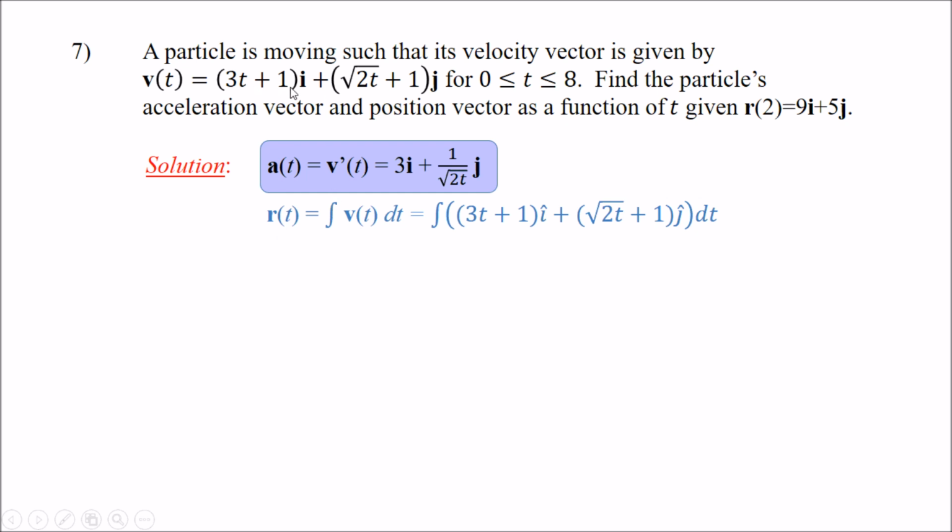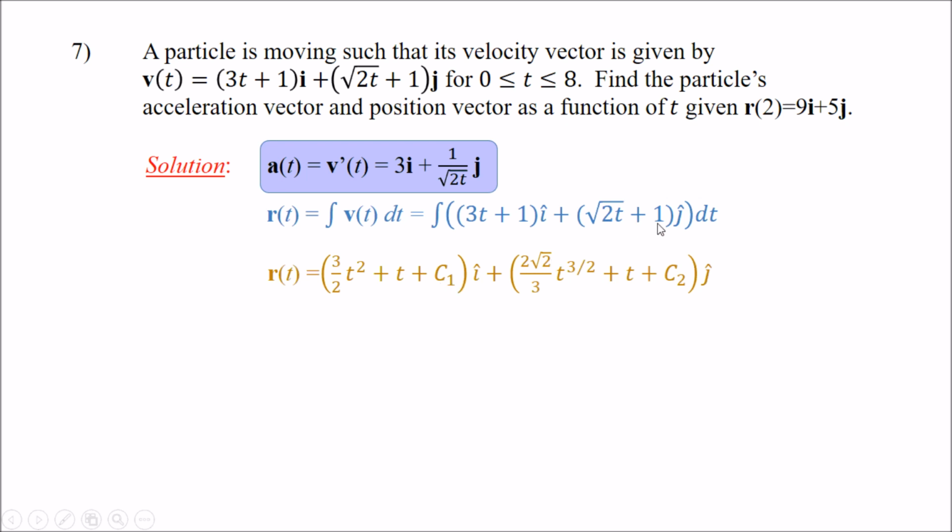So I'm going to integrate 3t plus 1, and then separately I'll integrate the square root of 2t plus 1. When I do, the antiderivative of 3t is 3/2 t squared. The antiderivative of 1 is t. But this needs the constant of integration, so I called that one c sub 1.